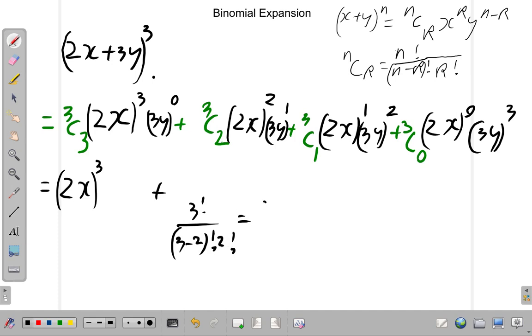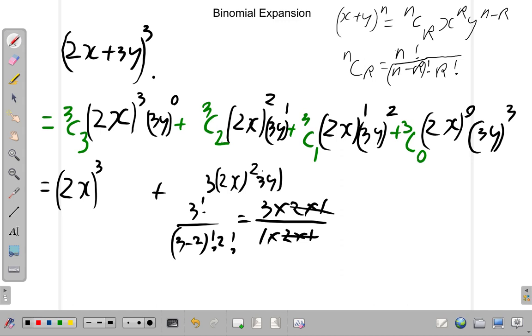So what we have is 3 by 2 by 1 divided by 3 minus 2 factorial, which is just 1 factorial. So this is 1. Times 2 factorial, which is 2 by 1. 2 by 1 cancels 2 by 1. 3 is the number that will come here. So what we have is 3 times 2x squared times 3y to the 1. We'll just leave the 1 off for now.